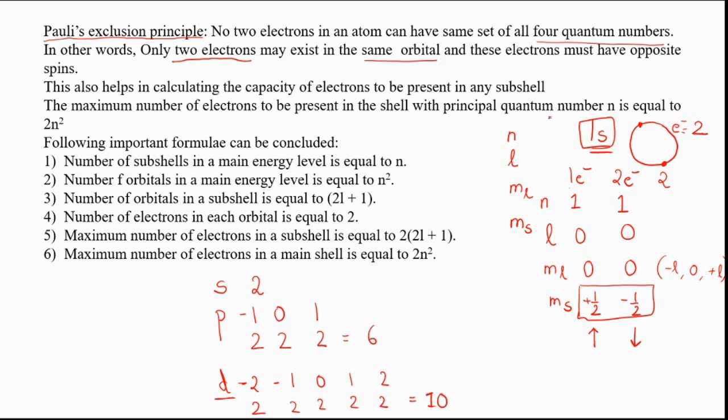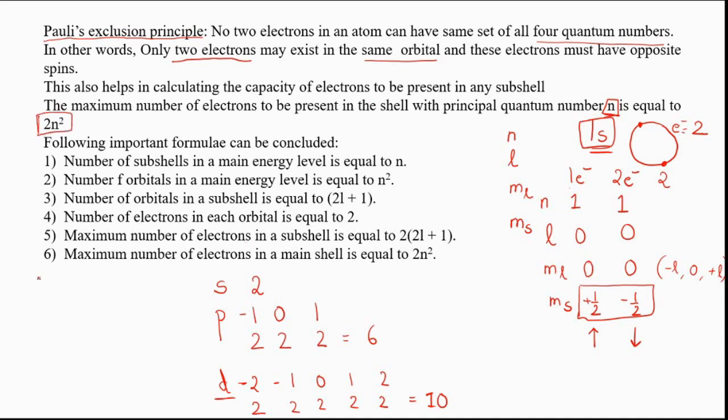Now we have some rules, and we can formalize or generalize this. If I have a principal quantum number n, then the maximum number of electrons that can be present is equal to 2n squared.